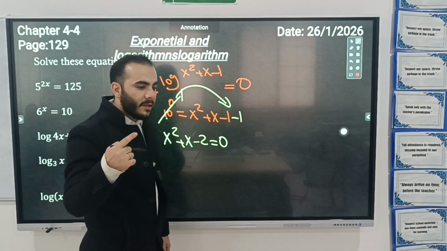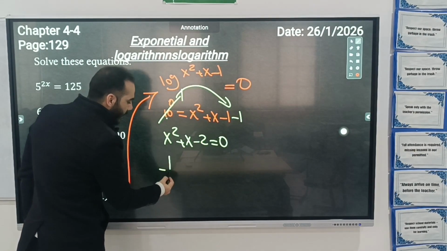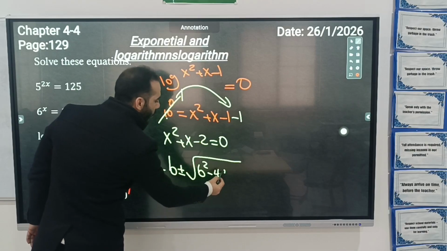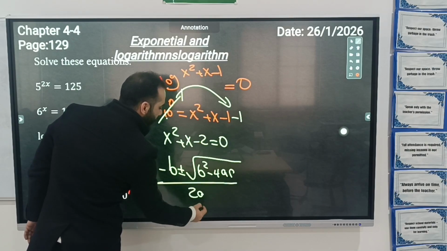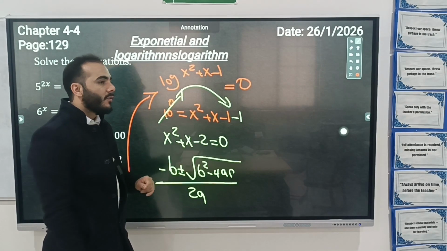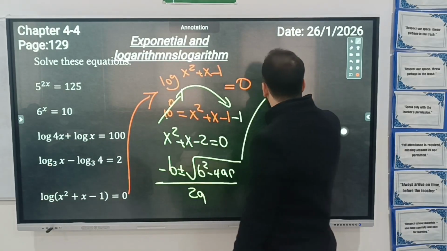Now, first semester, we used a rule, quadratic formula. It was negative b plus minus square root of b squared minus 4ac over 2a. a is the coefficient of x squared. b is the coefficient of x. c is the constant number. Let's just substitute it.